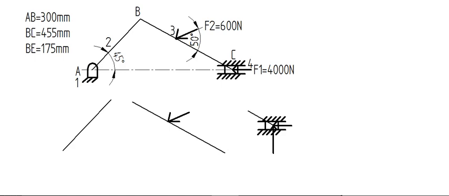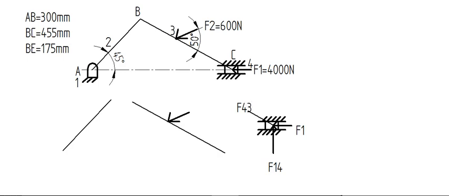So if you consider the force names, this will be the force F1. Let us see this force F14, and here force F43.